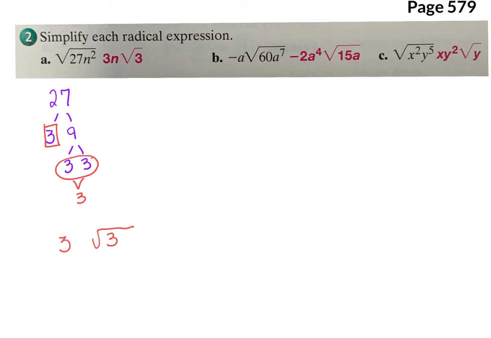And then let's look at our variable. We have n squared. If you split that up, n times n, or if you did the division, 2 divided by 2, you're always dividing by 2. That's going to be 1 with the remainder of 0.